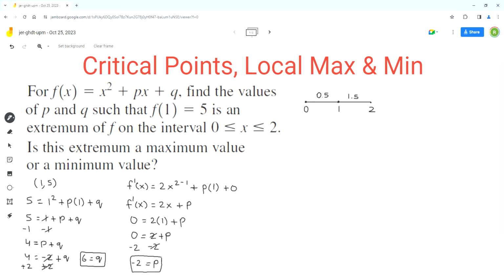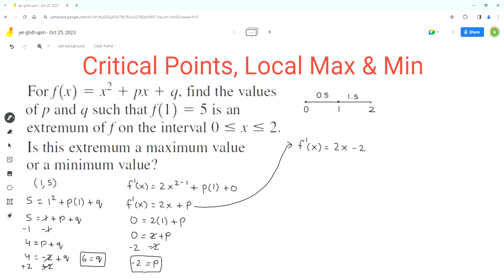So we'll sub in these test values in the derivative of the function to find whether the function is increasing or decreasing on the left and right hand side of x equals 1. So we'll use this equation. So the first step is to sub in the value that we got for p. So f'(x) equals 2x minus 2, because p is equal to -2.